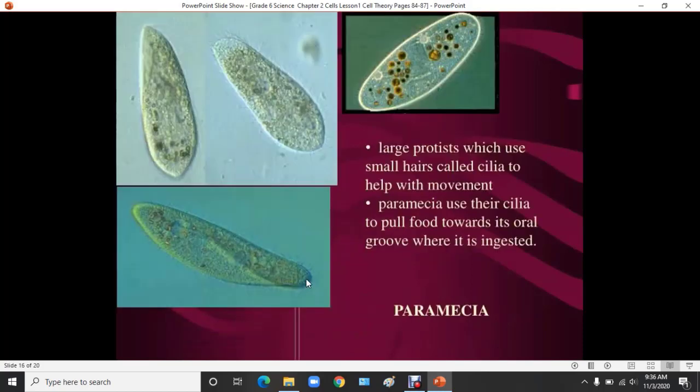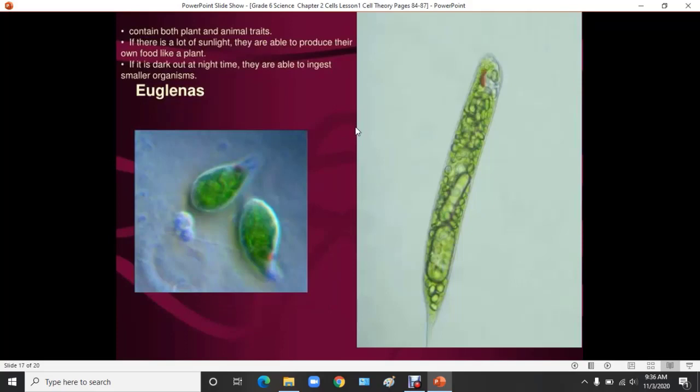When you move on to the picture of paramecium, you can see it is a large protist which uses small hairs called cilia to help with movement. You can observe this in these pictures, where euglena is another example of a unicellular organism.